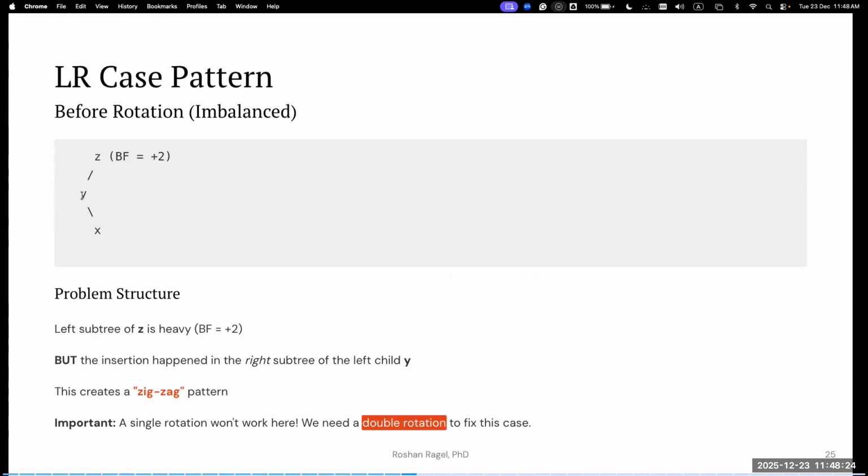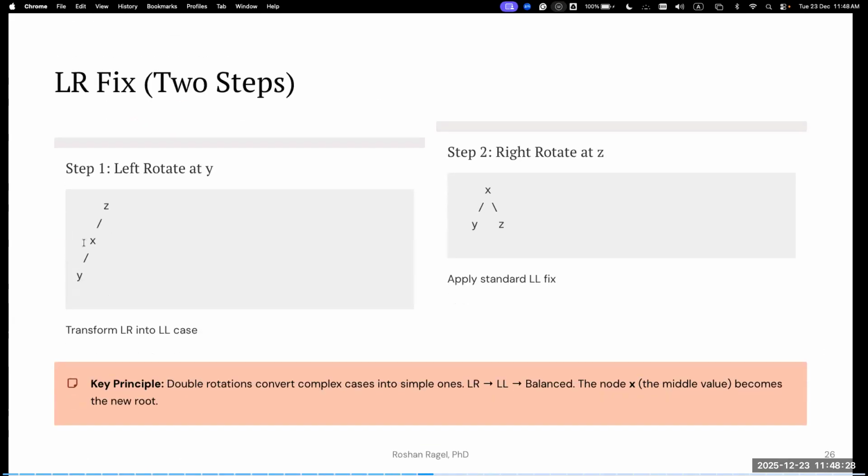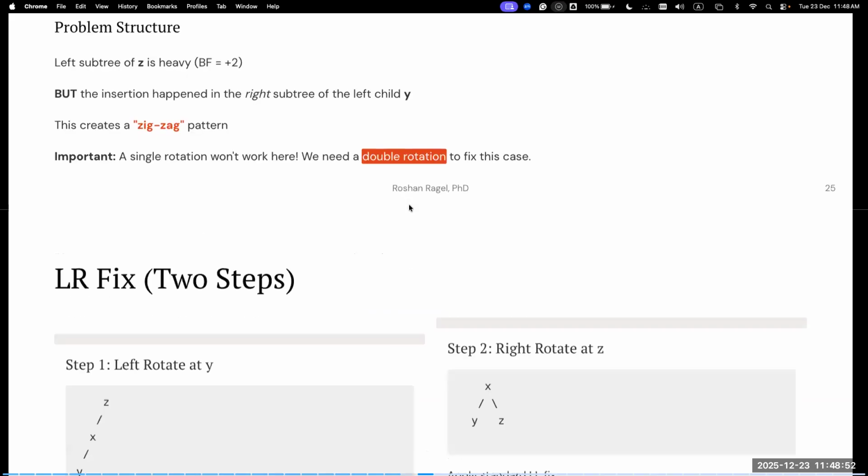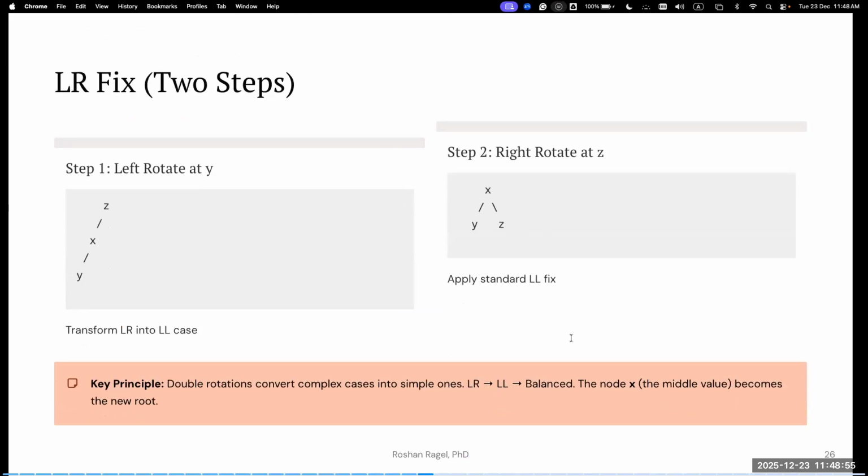You can see from here, X is larger than Y, right? So X being here is the perfect position, and X and Z being here are again the perfect positions. The smallest element here is Y, because X is on the right side of Y, which is why X is larger. Smallest element is Y, next is X, and the next largest is Z. That's the order, and the order is still maintained.